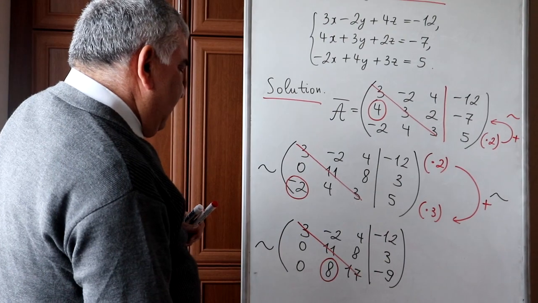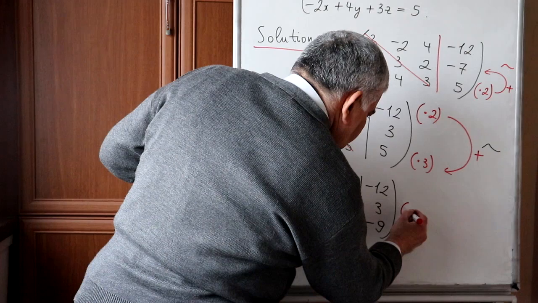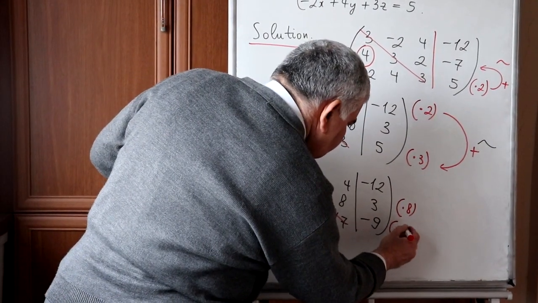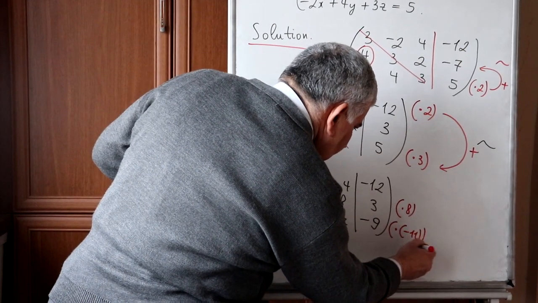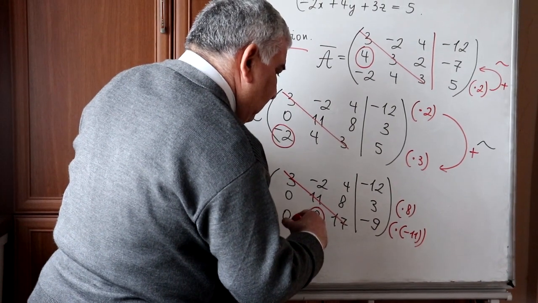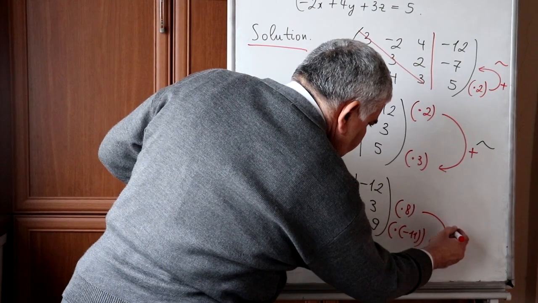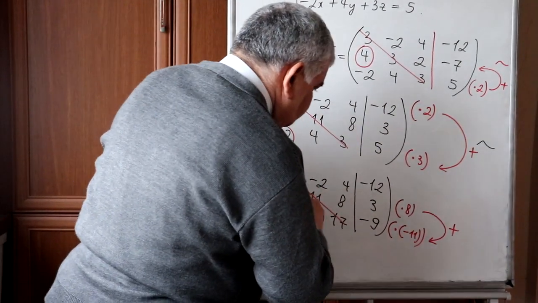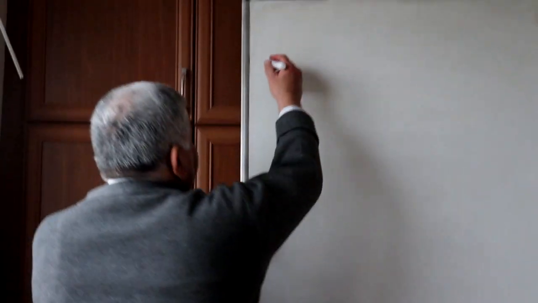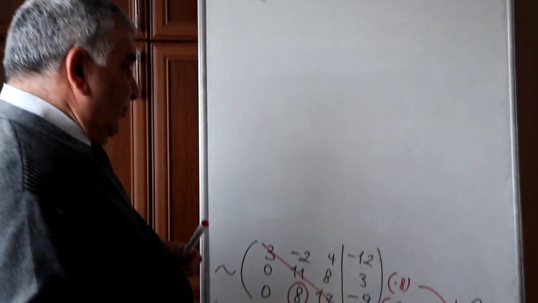Multiply the second row by 8, and third row by minus 11, and add the changed second row to the changed third row. Then continue. Here only the third row will be changed.